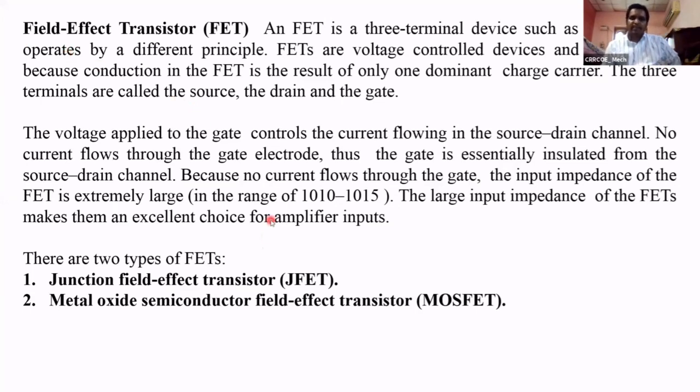What is the disadvantage in BJT? Initially the resistance of the transistor is very low. If you supply voltage more than the barrier voltage, current flows automatically, so the input resistance is very low. That is called input impedance. So the input impedance is very low in BJTs. Also, power consumption is more in BJT because some current flows in the base circuit, and that is a loss.